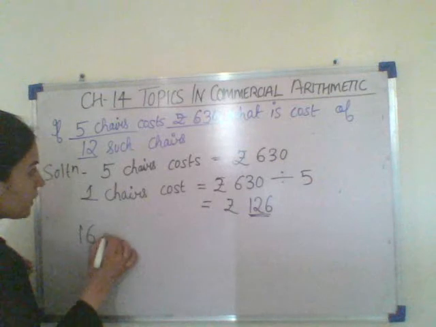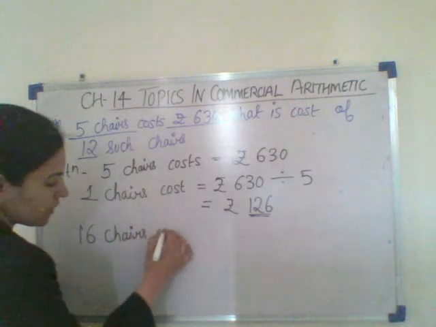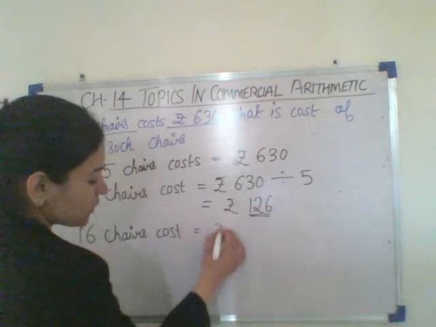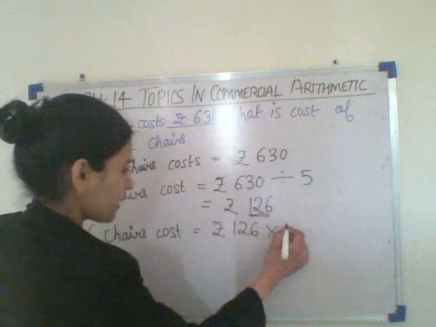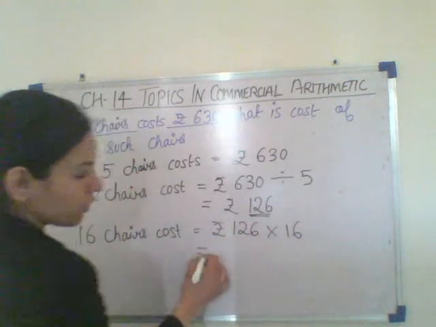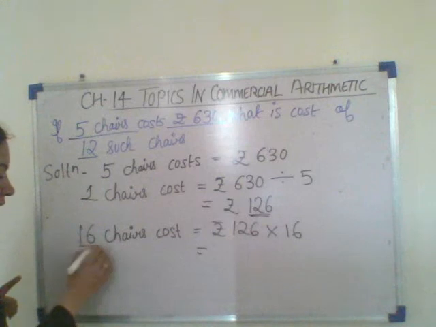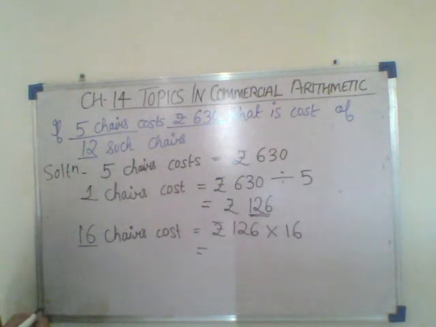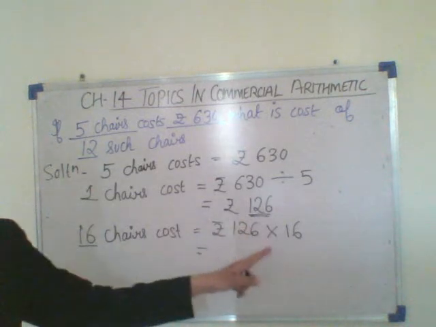Now I want to find the cost of 16 chairs. So the 16 chairs cost rupees 126 multiplied by 16. You have to do multiplication. Why multiplication? Because 16 chairs will cost more, so we have done multiplication.